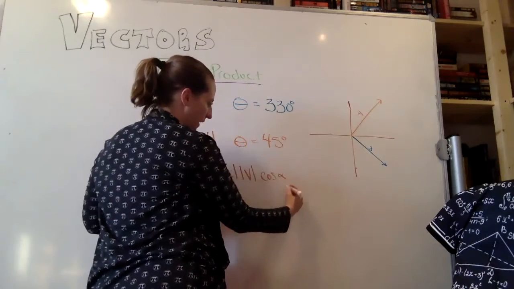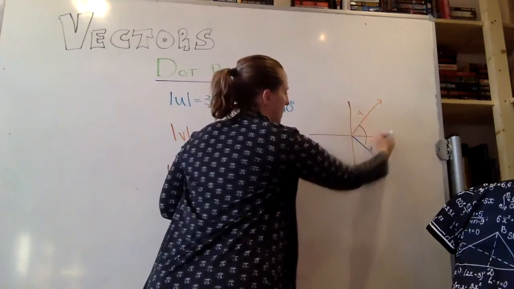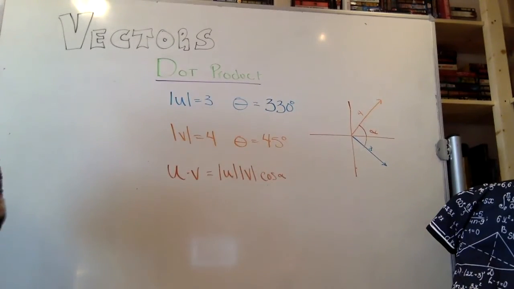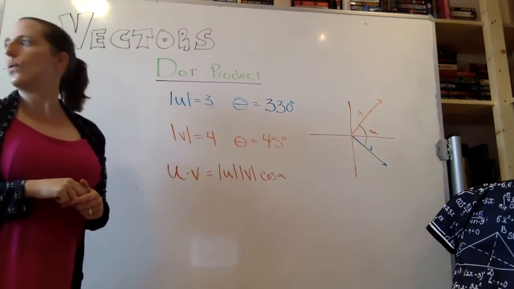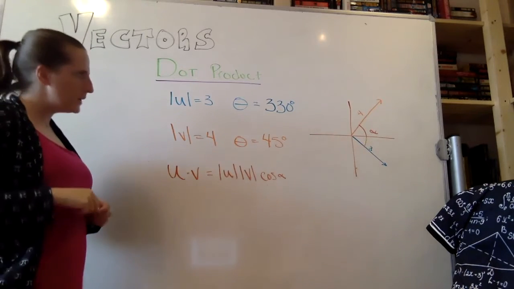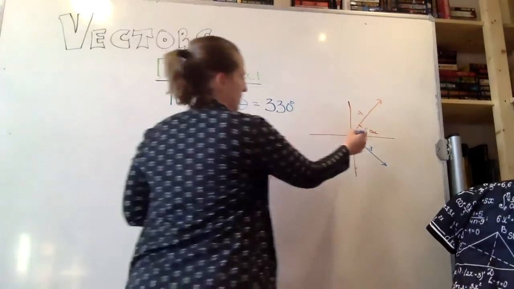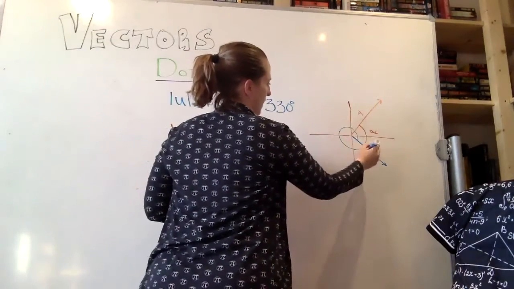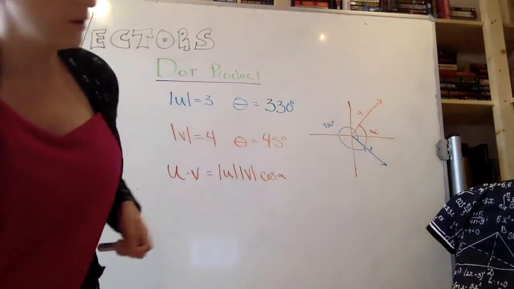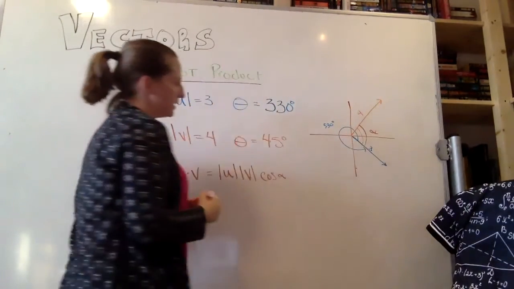This alpha is the angle between these two, so on our picture here, this would be angle alpha, the angle between our two vectors. So what does that mean? Can we figure out the angle between these two vectors if we know that our blue vector has angle 330 degrees and our orange vector has angle 45 degrees?